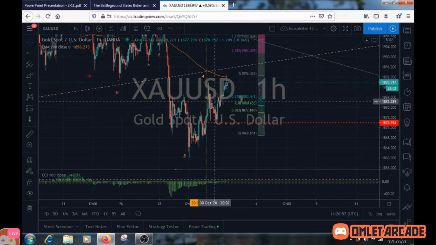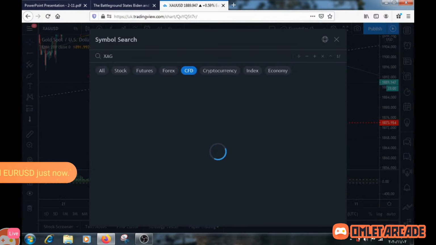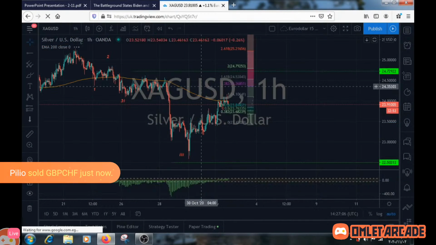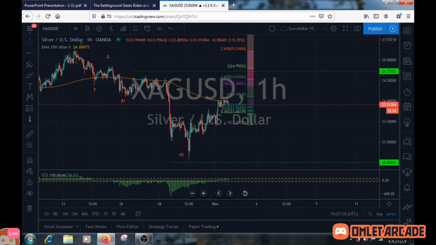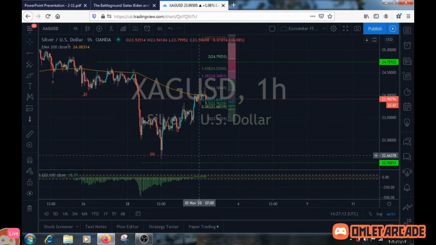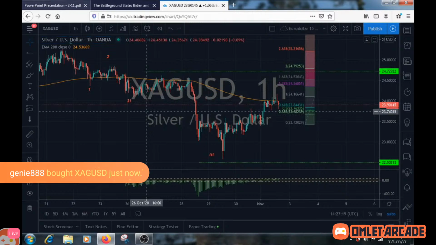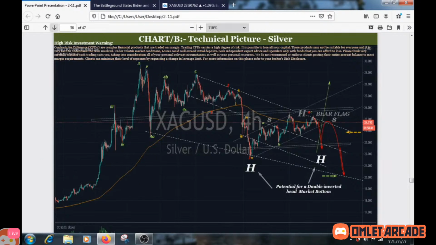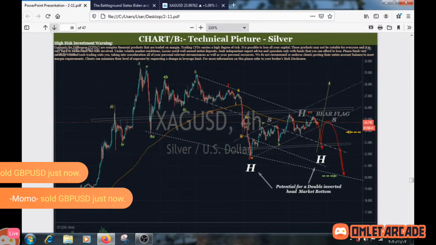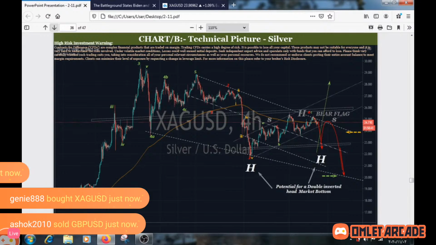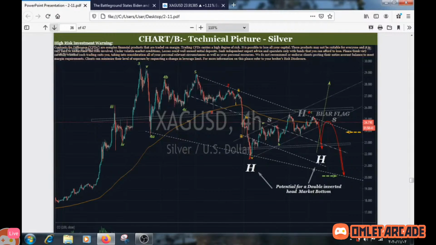Go to silver. So let's go up to that. First, remember that on Friday we were discussing the possibility of seeing an inverted head at this neckline here, and that this head had potential to form between $23 and $22.50.